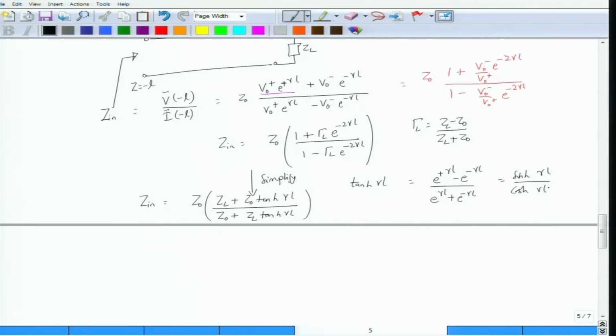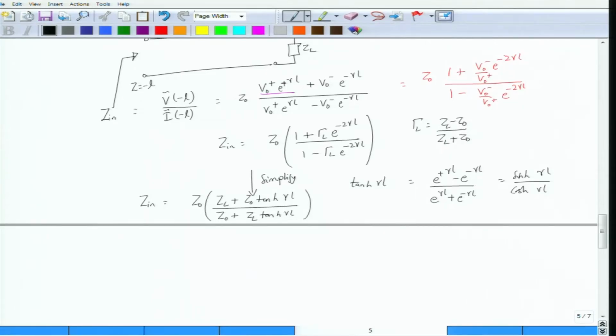Okay. So, this is the input impedance, and you will be a little surprised to see that input impedance depends on two things. It of course depends on Z0. It also depends on the load impedance ZL. So, if I connect different loads, then that load would look very different at the input terminals of the transmission line. And it would also depend on the length of the transmission line that connects the load to the input.